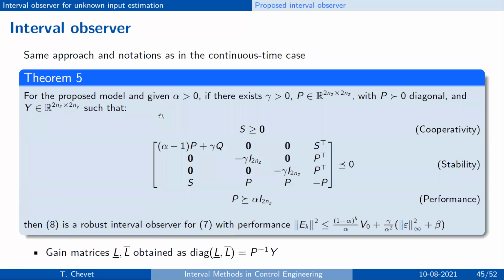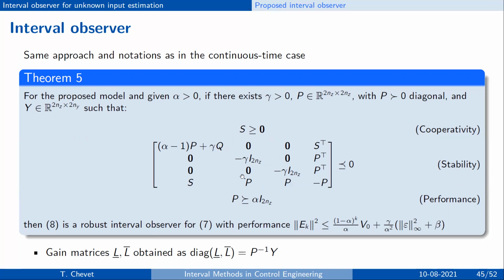Then, by following similar steps as in the continuous time case, adapted to the discrete time case, which I don't recall here for brevity, we can obtain the observer gains by minimizing this parameter under these constraints: that the matrix S, which hides the matrix T F0 minus LH, is positive.